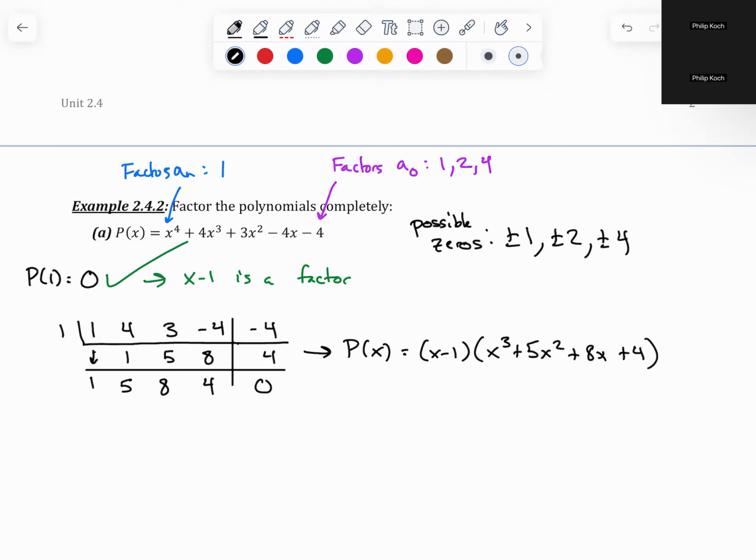That is a quadnomial, x cubed plus 5x squared plus 8x plus 4. So we could try and break it up with factoring by grouping, but sadly, it's not going to work.